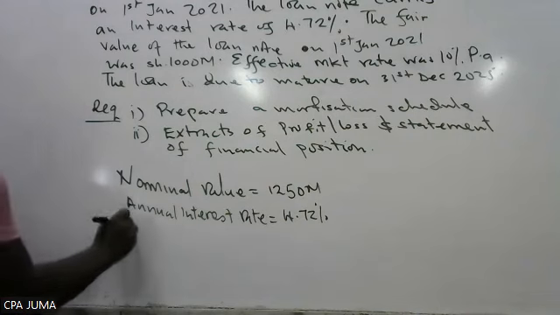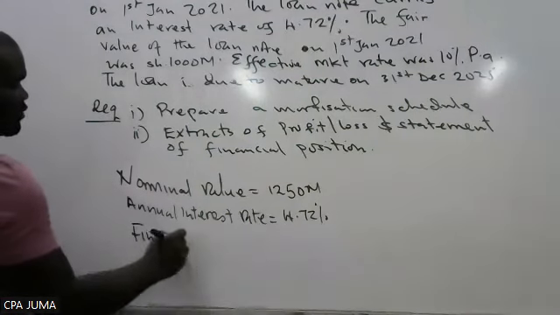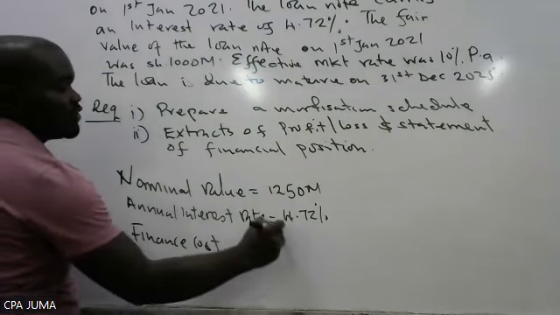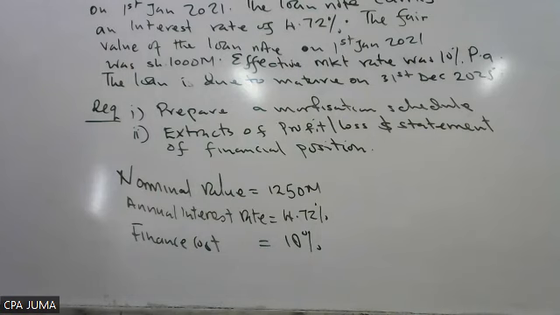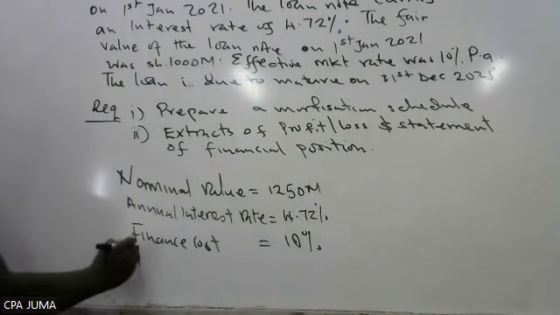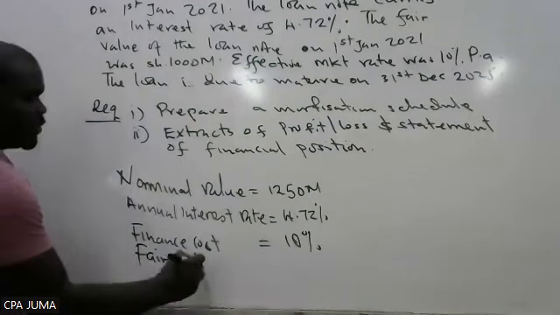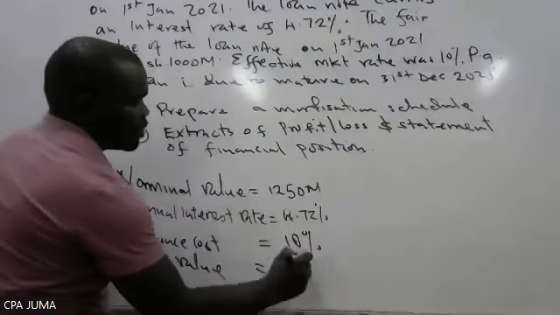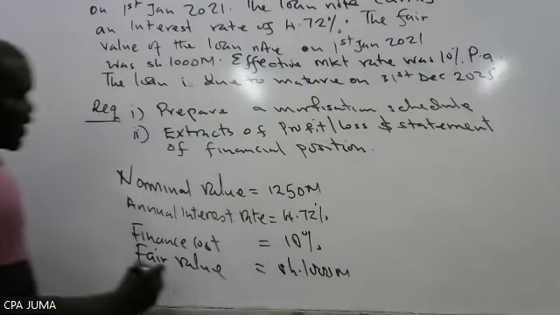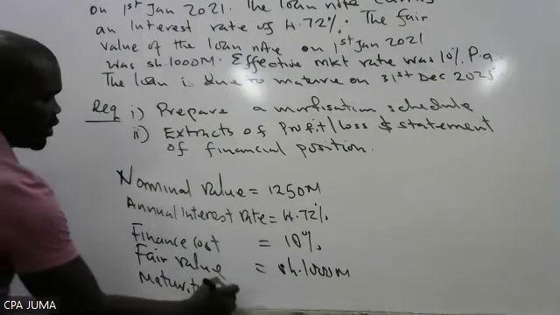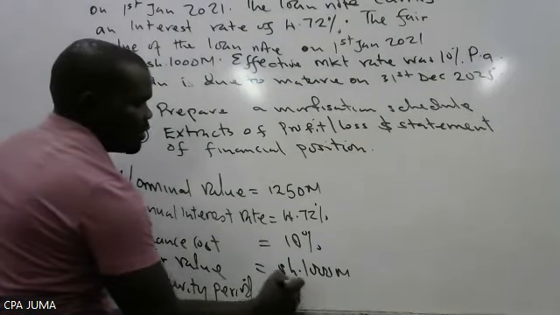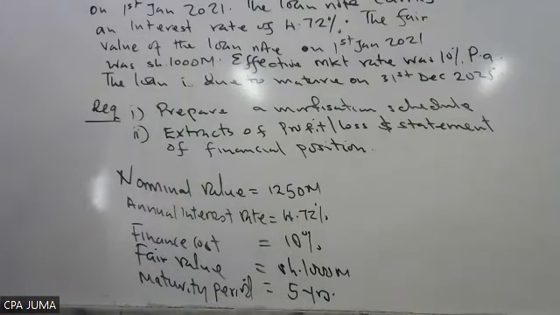Then finance cost, which will be the effective market interest rate, is 10%. What else? Fair value on the date they issued the bond was 1,000. Then maturity period, we can see that it is how many years? 5 years. Have that now.